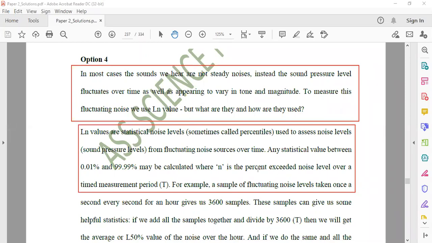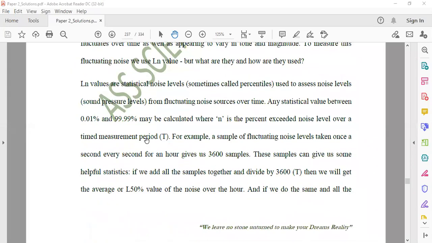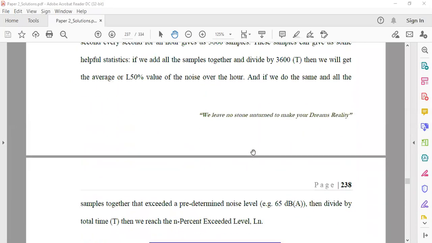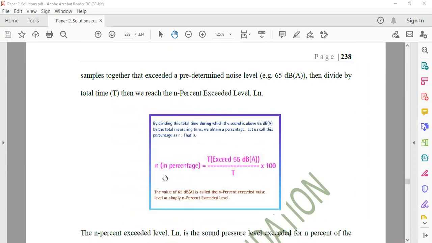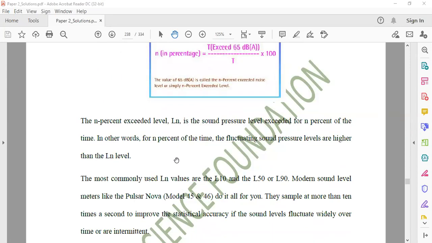So we have to approach the problem like this. If you go down, this is a simple formula to calculate the percentage. So 1% of the time, you put it here. If you have 50% of the time, you can calculate like this.